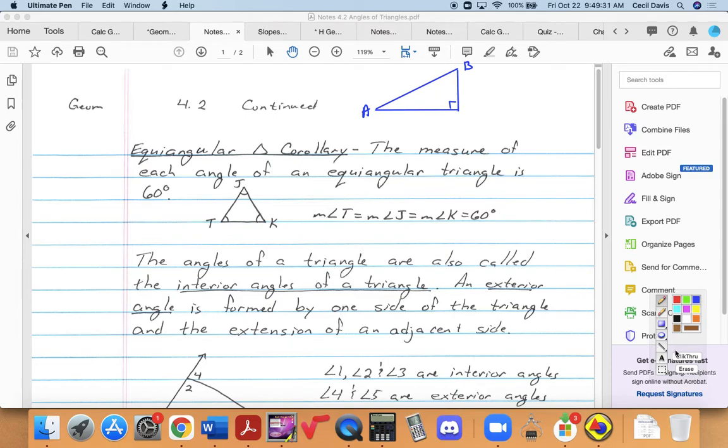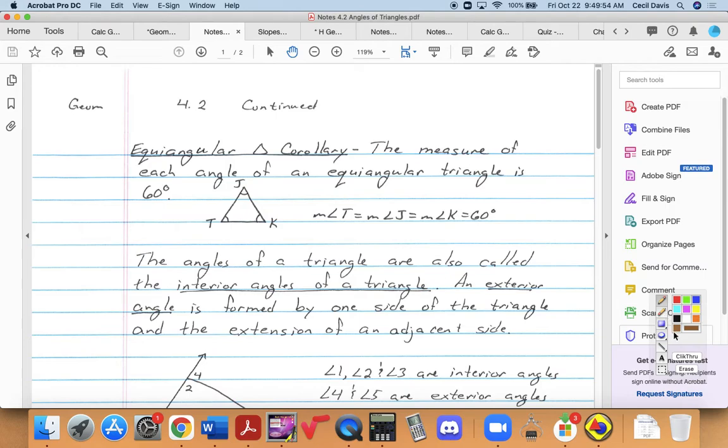Okay, we have another couple of things to do today. The first one is the equiangular triangle corollary. This says the measure of each angle of an equiangular triangle is 60, which makes sense because, well, what do the angles have to add up to? 180. And how many of them are there? 3.